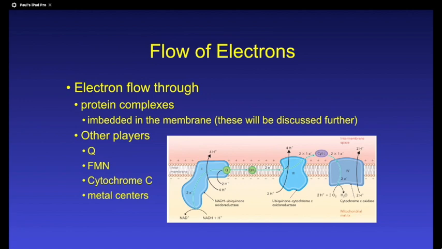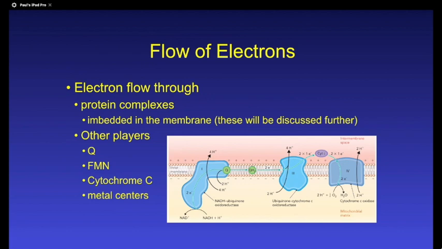We're also moving electrons through proteins, which are fairly large entities, so there are multiple places within the protein where the electron has to move from one place to the next. We're going to see this process occur, but we need to know what kinds of carriers can actually hold the electrons. Some of the carriers are going to be in the membrane itself, and some are going to be in an aqueous environment.